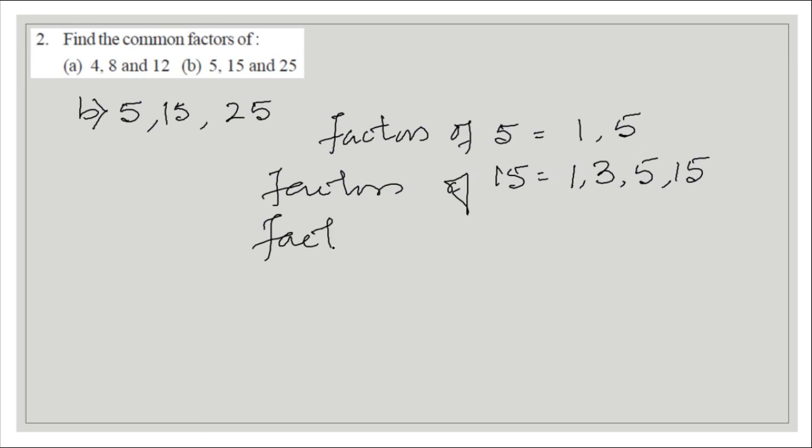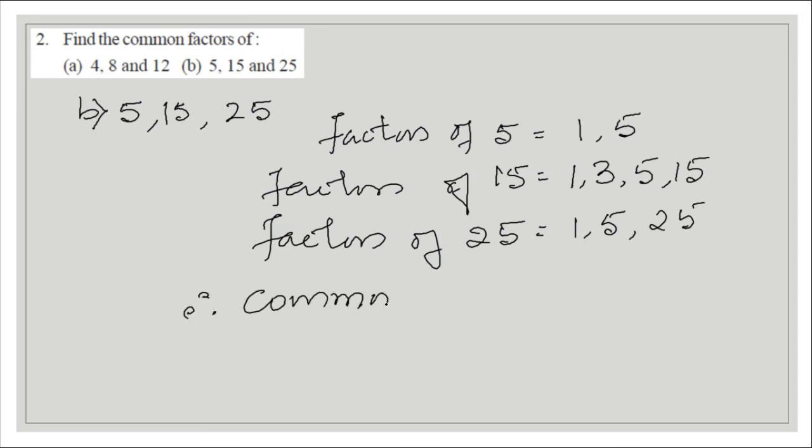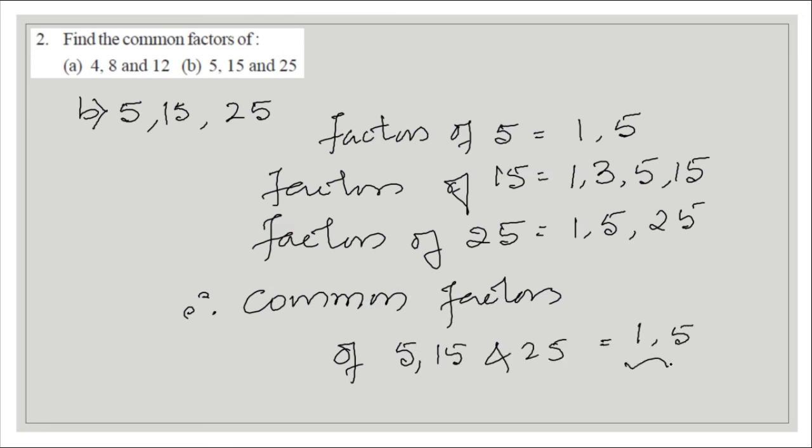The factors of 25 are 1, 5 and 25. Therefore, the common factors of 5, 15 and 25 will be 1 and 5. Only 2 common factors are present.